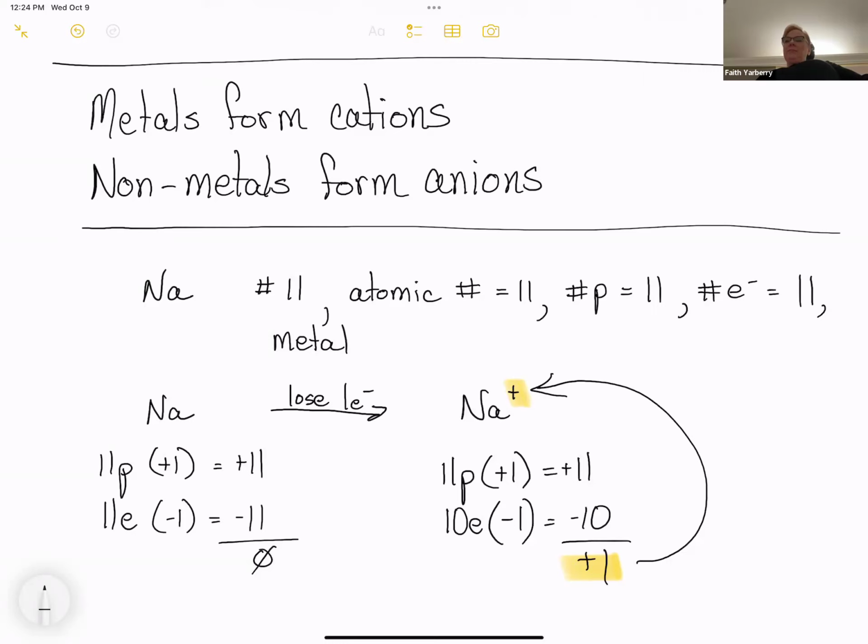Look at silver. Silver is a plus 1. No matter what silver combines with, it carries a plus 1 charge. Zinc and cadmium are both plus 2. No matter what zinc combines with or what cadmium combines with, it will always have a plus 2 charge.